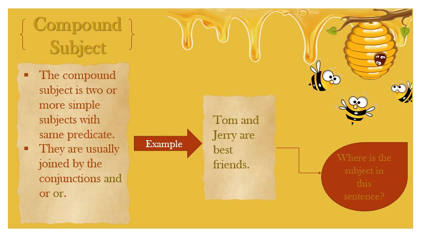When we have compound subjects, they must be joined by a conjunction. Again, the compound subject includes more than one simple subject. They have the same predicate, and the subjects must be joined together by the conjunctions "and" or "or".